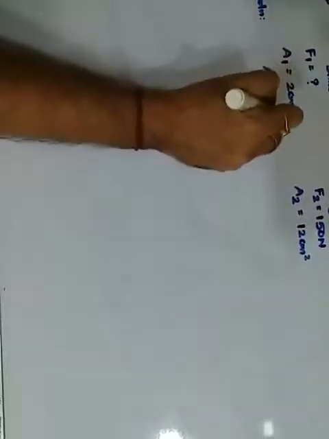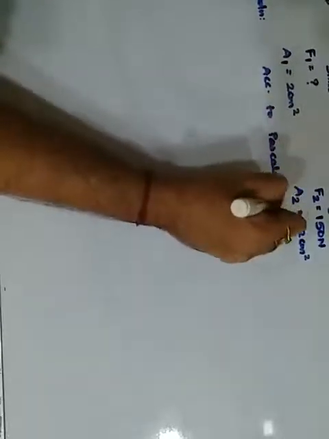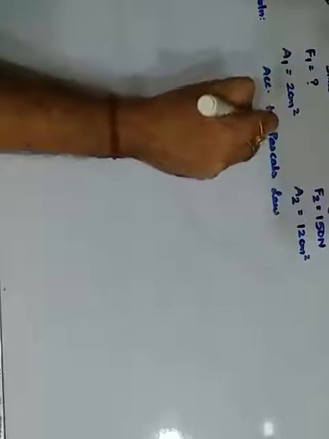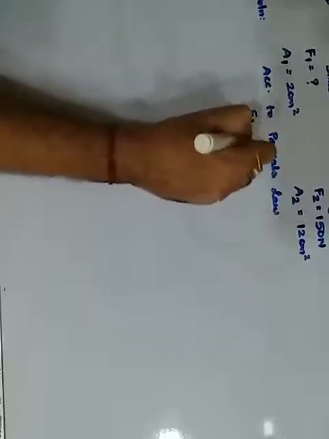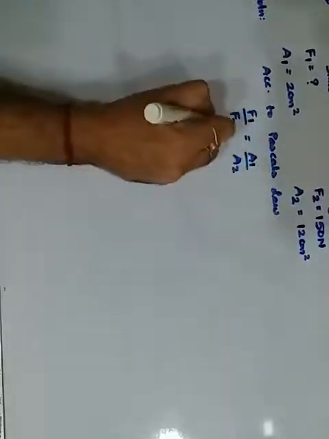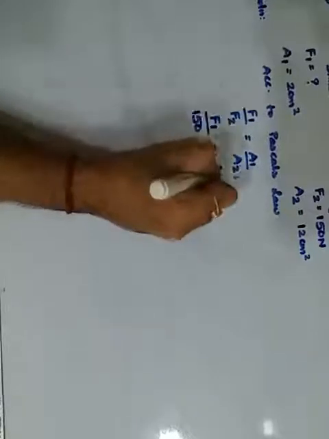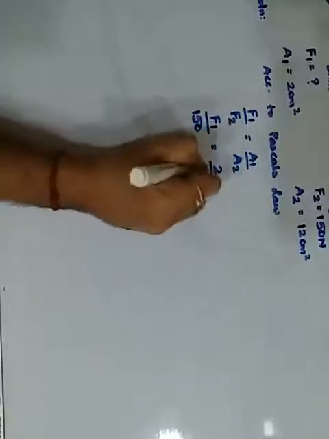So simple, according to Pascal's law. वापस से, therefore according to Pascal's law I can state that F1 upon F2 is equals to A1 upon A2. Here your F1 don't know, upon F2 is 150, A1 is 2, upon A2 is 12.